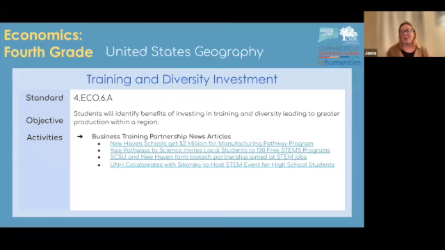And there were 4 different articles that popped up right away about Southern Connecticut State University, the manufacturing companies in New Haven investing $2 million into this pathway program that's happening. Yale creating 150 free STEM programs that get students thinking about engineering and science. And then also the University of New Haven collaborating with Sikorsky to host a STEM event for high school students.